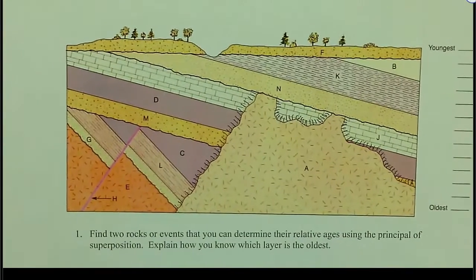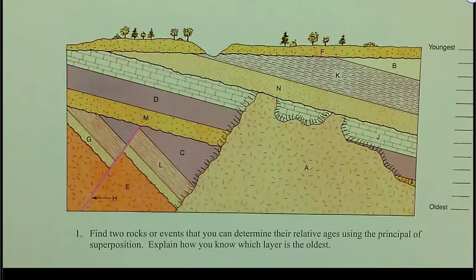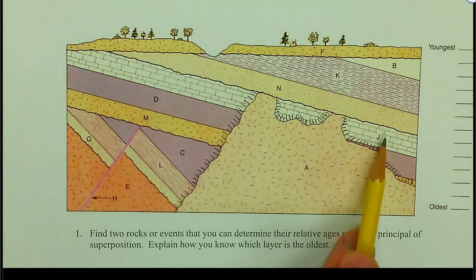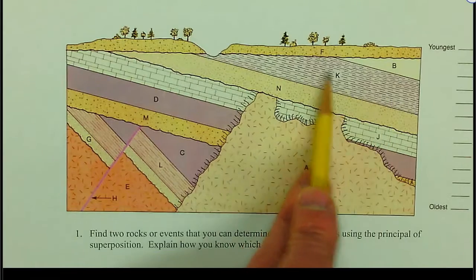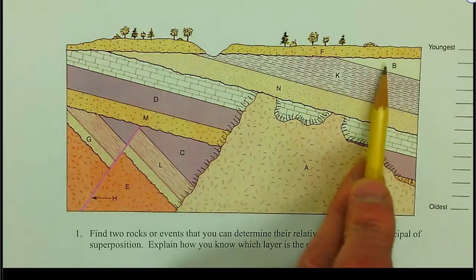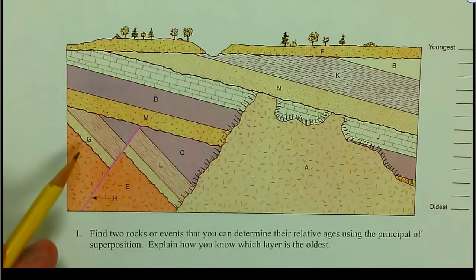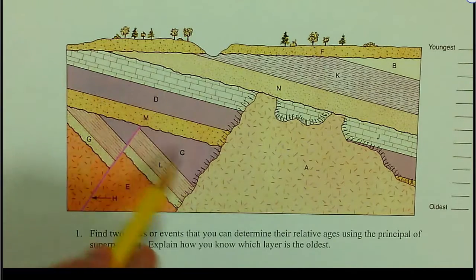Before we start thinking about what's older and what's younger, let's simply look at what we have. I definitely see some sedimentary rock layers, such as this layer here, which is a limestone called J. Here's a shale called K. We have a layer B and N as well, D and M, some other sedimentary layers that are tilted even more.